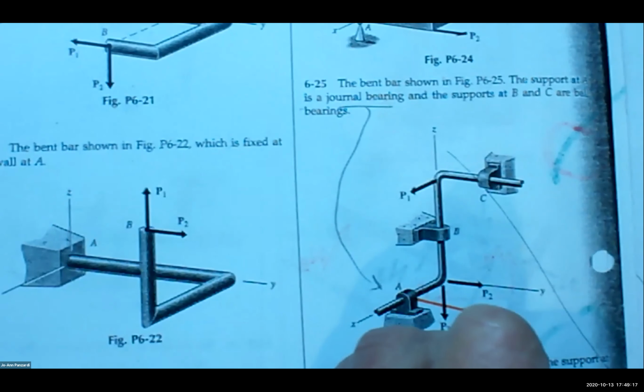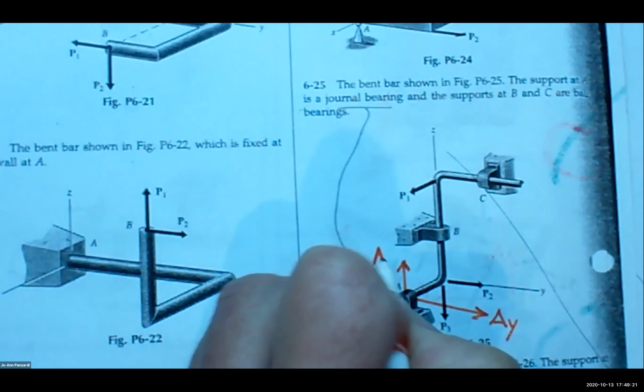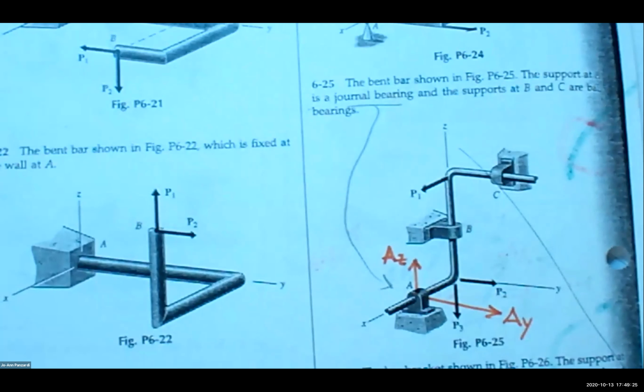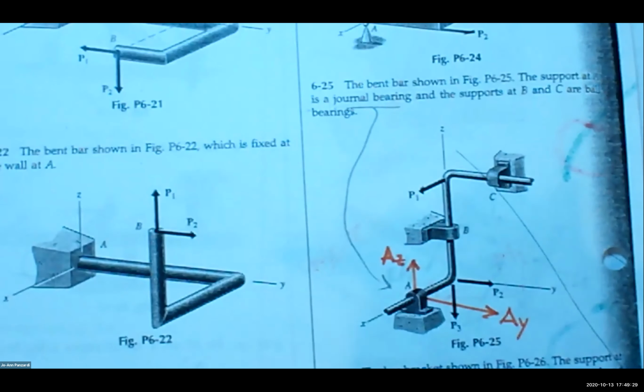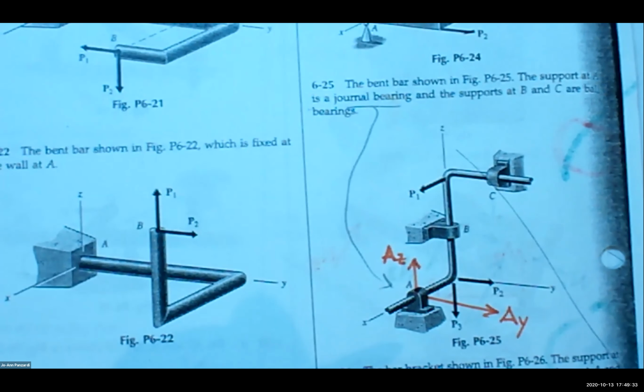Right. So it can't move. So it has an AX, it has an AY and an AZ, and then it has moments, or resists moments, and we're drawing them in 3D. Remember we practiced that way back?